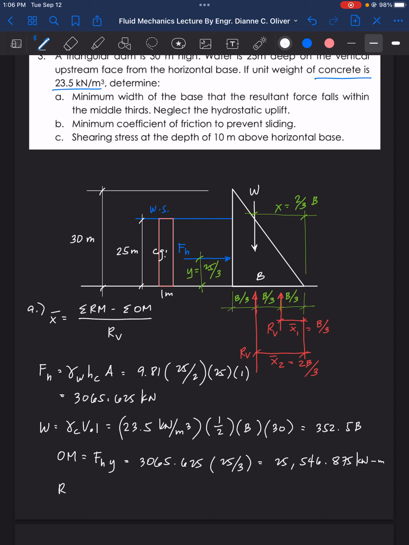Then the righting moment is equal to Wx, or the weight times x. There you go.